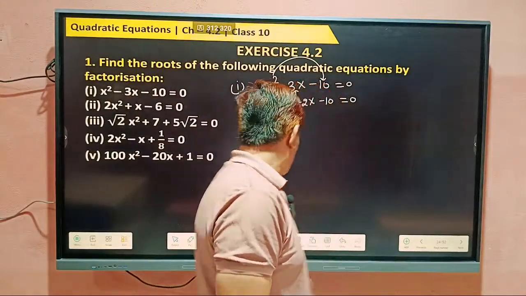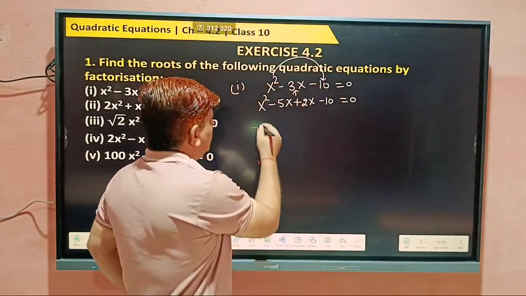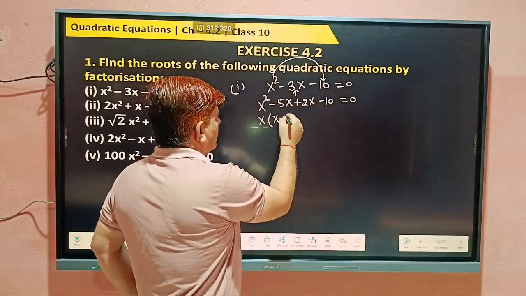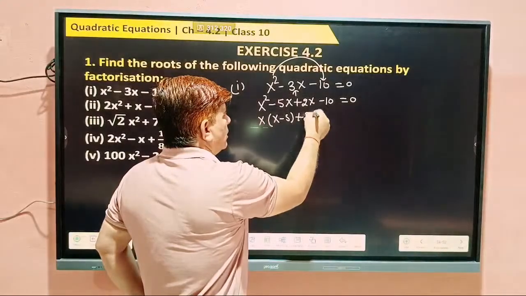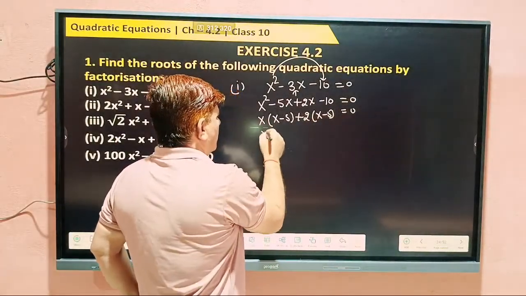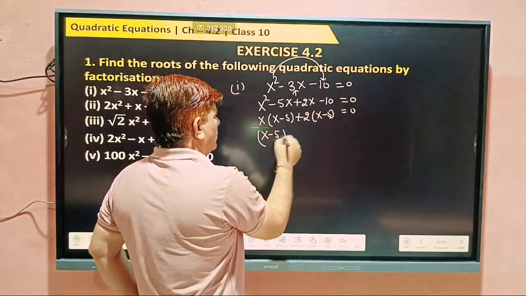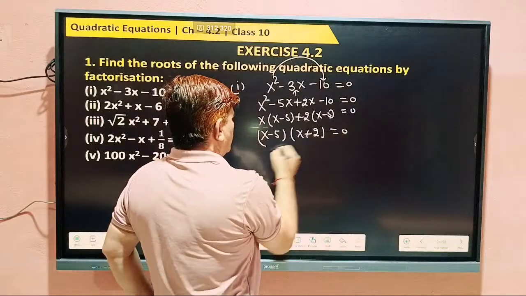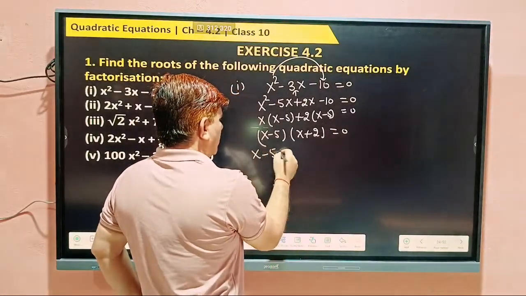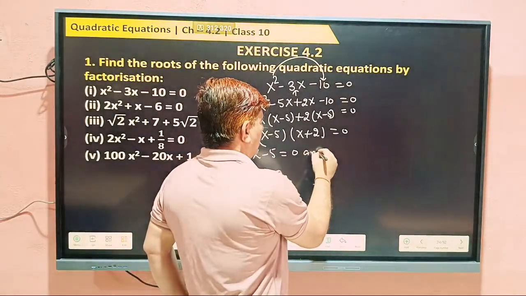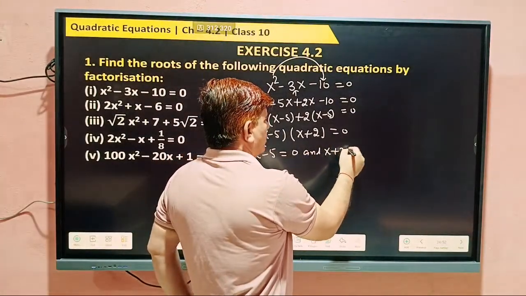Now you can take common. What's common here? x is common here. So x into x minus 5, plus 2 into x minus 5, equal to 0. What's common? x minus 5 is common. So x minus 5 times x plus 2 is equal to 0. So x minus 5 equal to 0 and x plus 2 equal to 0.